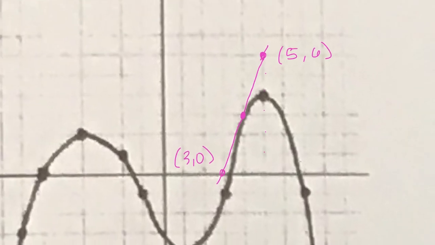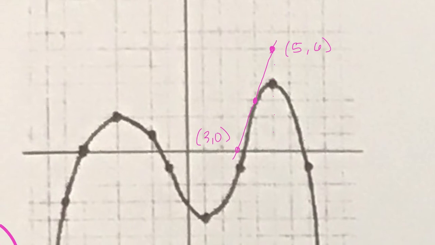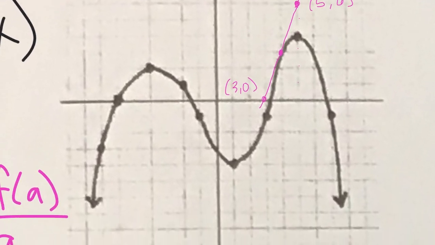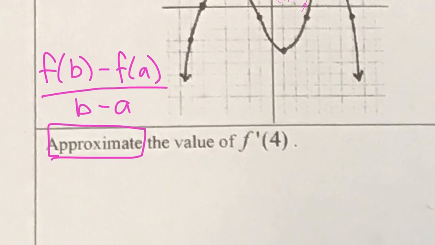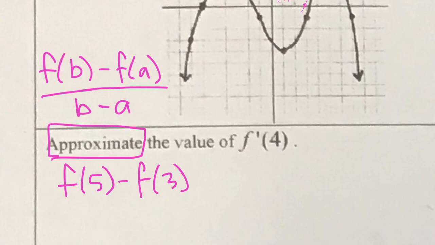When it says approximate, it wants you to do this. This is what calculus needs to see when it wants you to approximate. So we're going to take f of 5 minus f of 3 over 5 minus 3. That's a pretty good approximation of the slope of the line at 4.